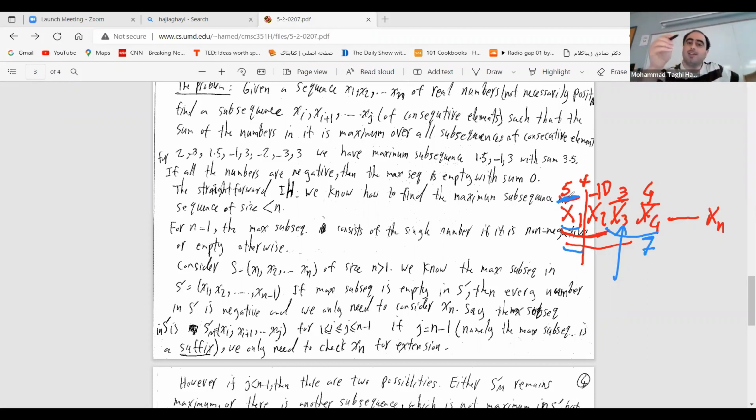I also need another solution: the best sequence that is ending at the last element. Good. Is it clear? So here I needed to keep also x1. Also, I needed to see the previous solution that ended here, which was x3 itself.